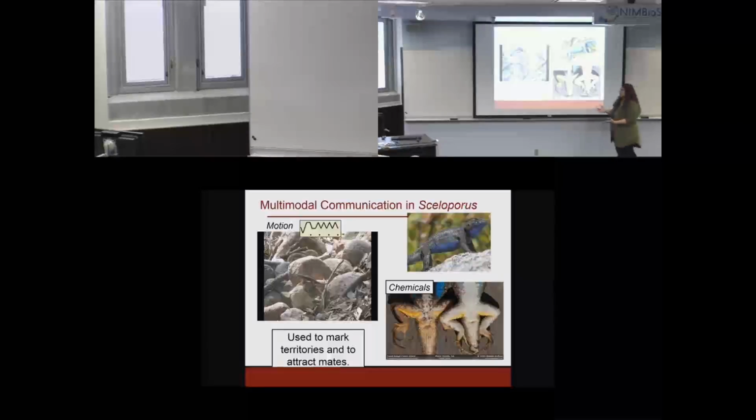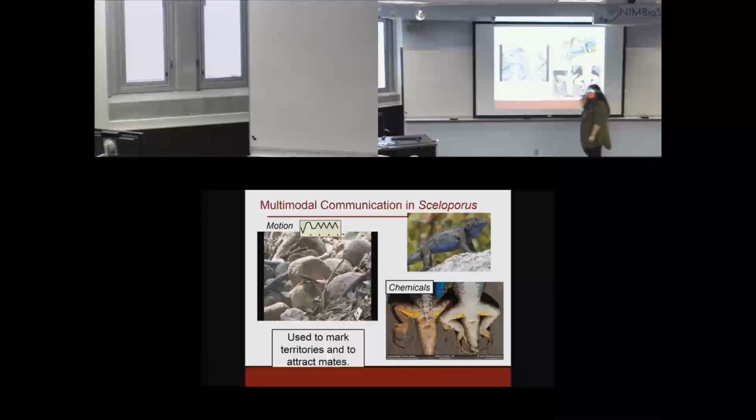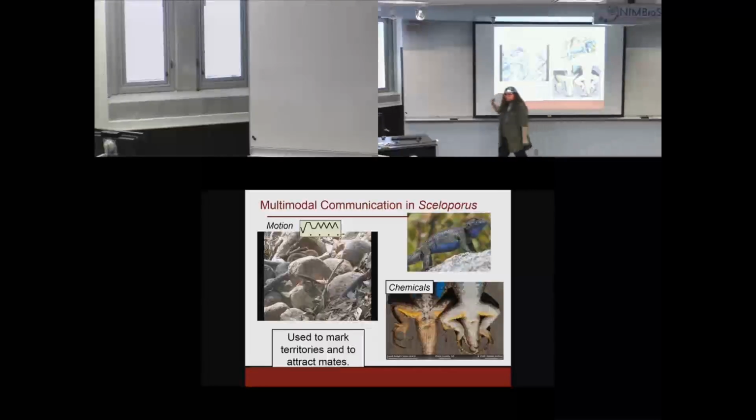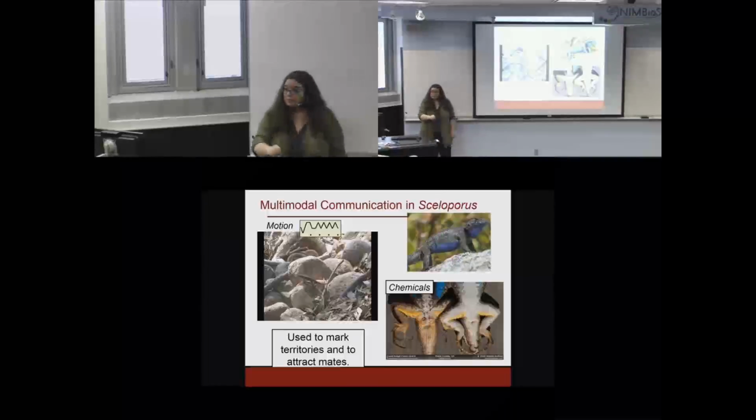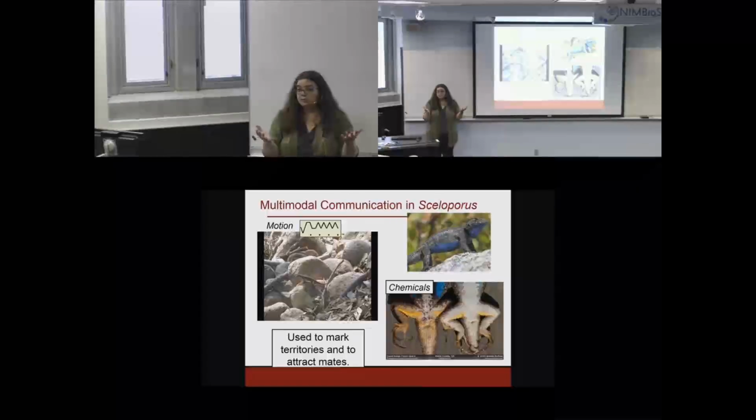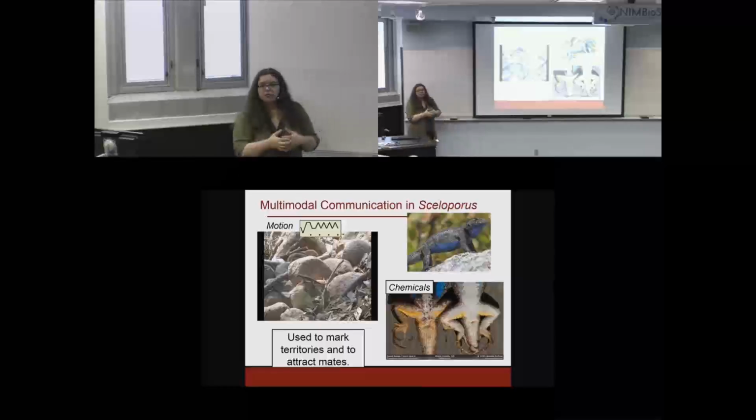So it's a second way that they communicate. And they're scent marks, so they do it in the same way that they do head bob displays. They wander around their territories and they produce these chemical secretions, and they lay them down on perches. So we have these two different ways of communicating. They're really pretty different from a behavioral or a physiological perspective. I want to know if they've evolved together. Okay?